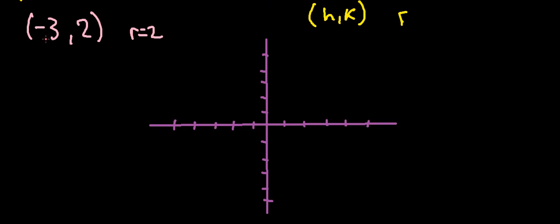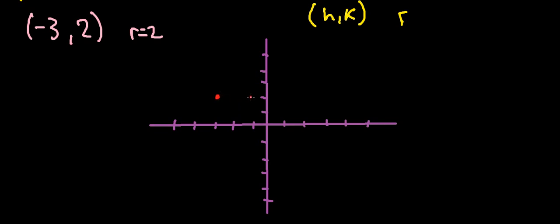So we have a center of (minus 3, 2). And you might want to plug in numbers and just try to get a general idea of what the circle looks like, or you might want to find the intercepts. But the easiest way is to say, I have a radius of 2. What I usually do is I just make a cross, basically, and then I try to draw the circle like that. I know if I go to the right, it's going to be a radius of 2.